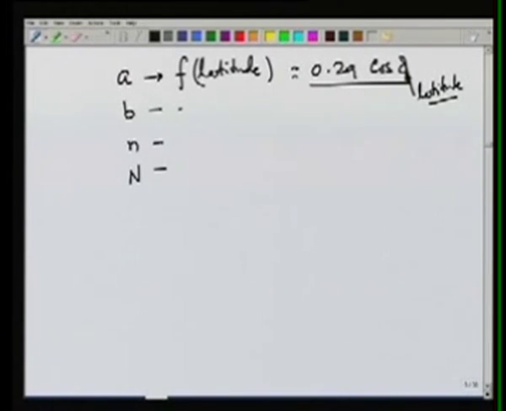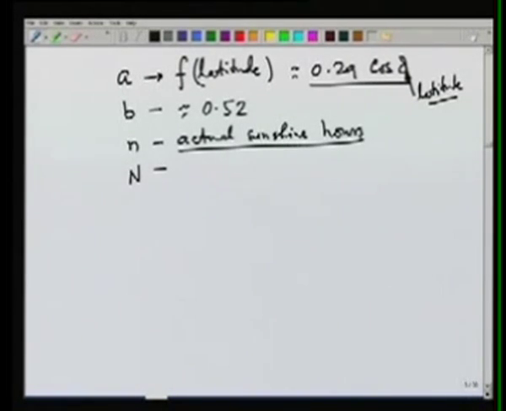B is generally taken as a constant and around 0.5 or 0.52 is the value. n is the actual sunshine hours. So number of actual sunshine hours, and capital N is the maximum possible sunshine hours. So n is number of sunshine hours actually occurring at that time, and N is maximum possible for that period.